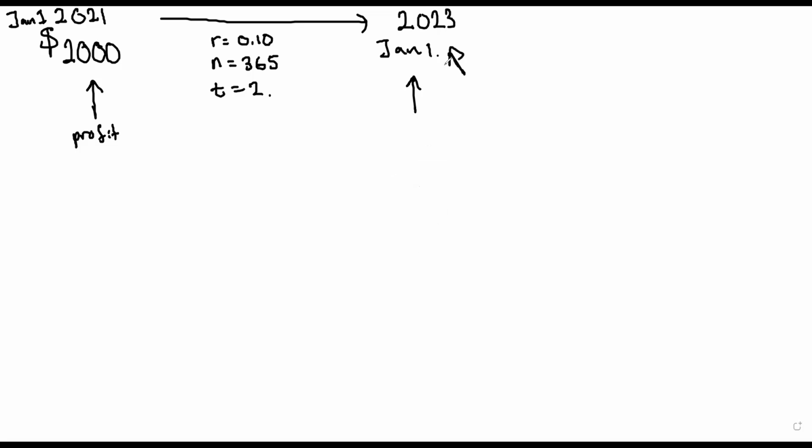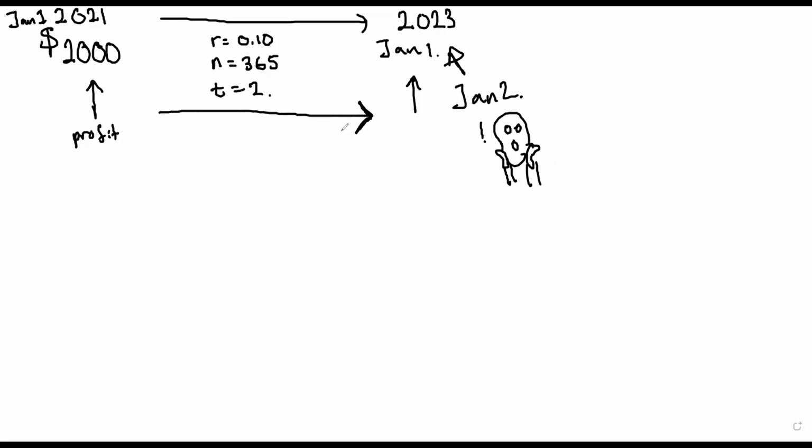As soon as it becomes January 2nd, they're like, "Did you just not pay us?" Well, the contract says that all the interest that you built up until now, you must pay. If you pay by January 1st, you only have to pay 2000. But if you forgot and didn't pay until January 2nd, all the interest is going to have to be added.